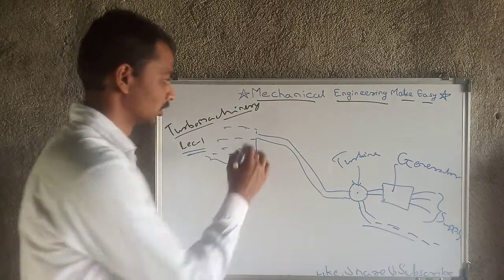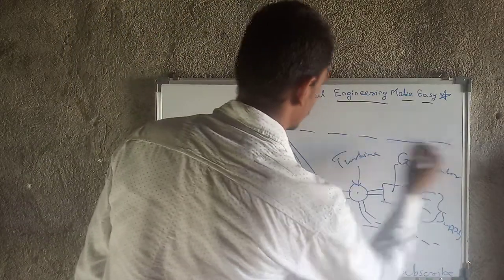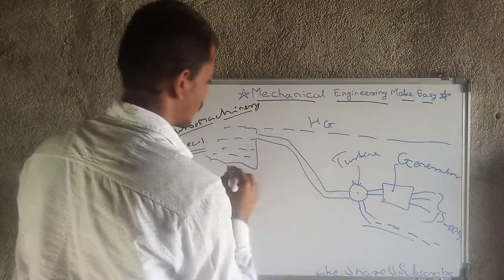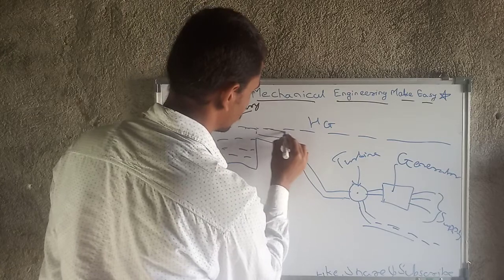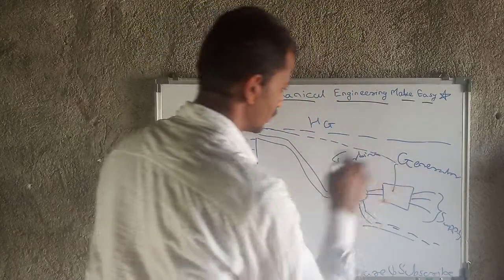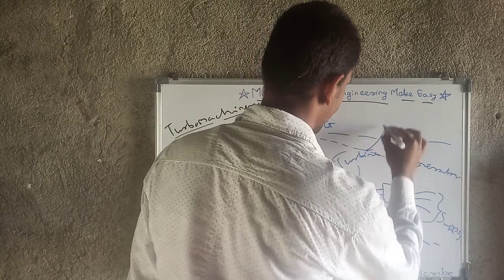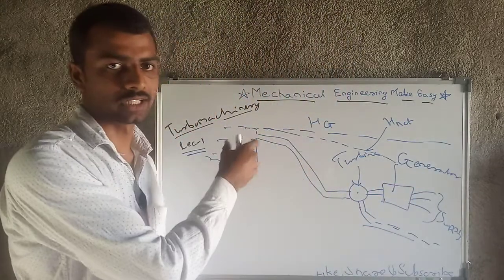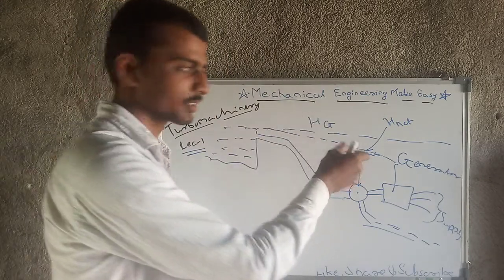In that, this is Hg, the gross head available. Because of some frictional losses the head available decreases, and this is H net, the net head available, which we studied as gross head minus HF.